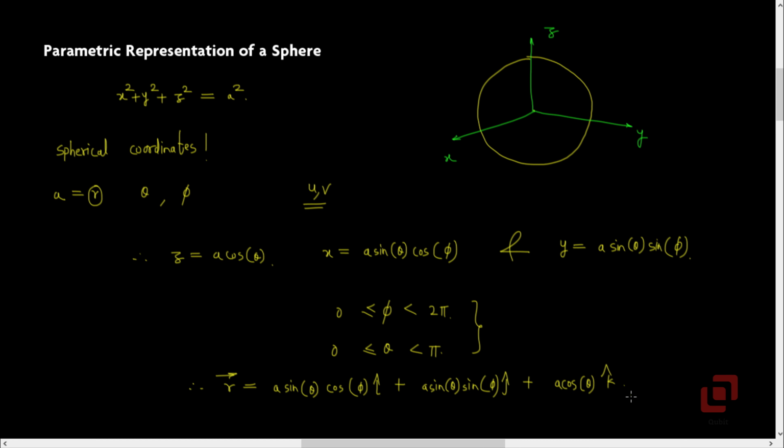This is the required parametric representation of the sphere. Don't forget to write the ranges for phi and theta in your final answer. Let's now go to the cone.